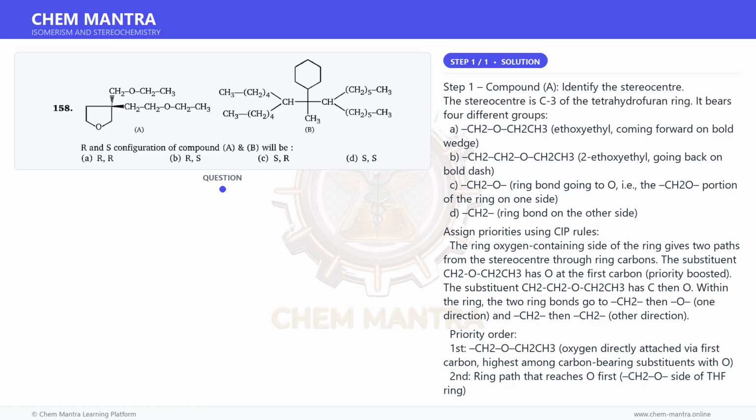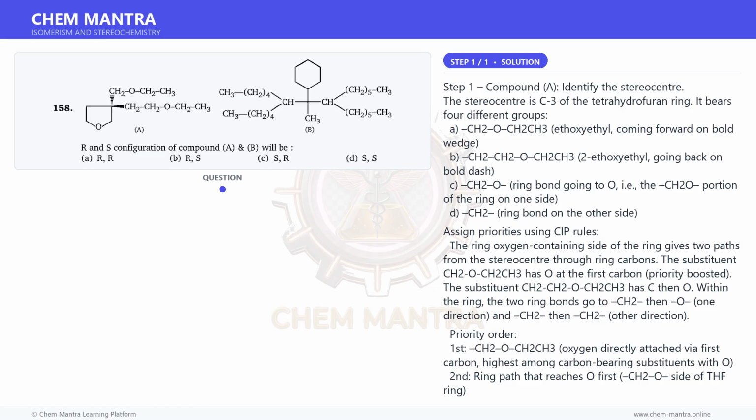The substituent CH2CH2OCH2CH3 has C then O. Within the ring, the two ring bonds go to CH2 then O one direction and CH2 then CH2 the other direction. Priority order. First, CH2OCH2CH3, oxygen directly attached via first carbon.